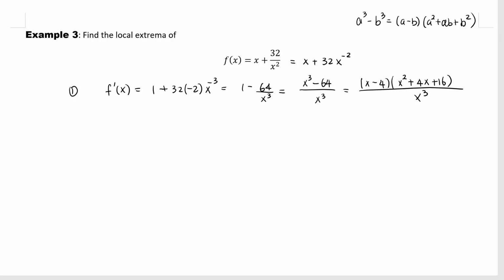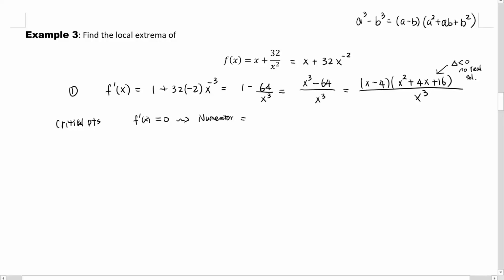Oh wait, how do we find critical points? We set the numerator to 0. The quadratic factor won't be 0, because its discriminant is negative, so there is no real root.